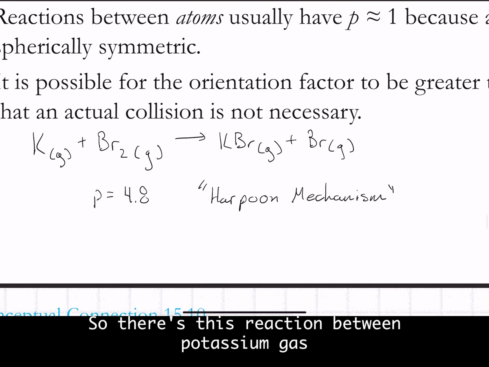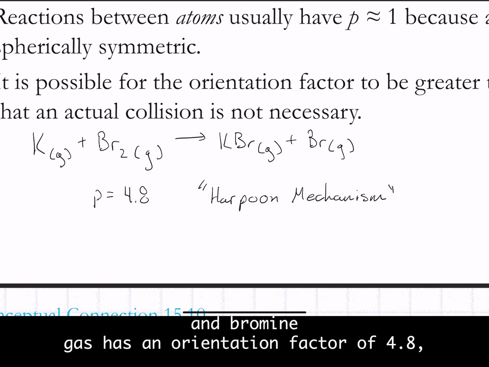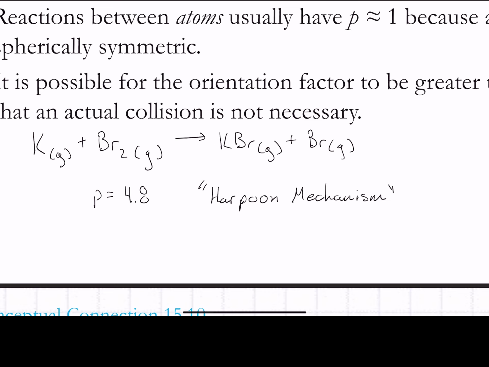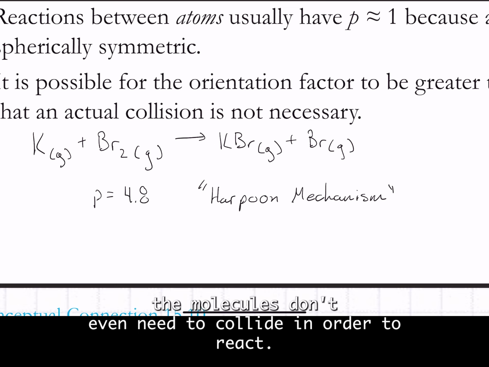There's this reaction between potassium gas and bromine gas that has an orientation factor of 4.8, which means that the molecules don't even need to collide in order to react.